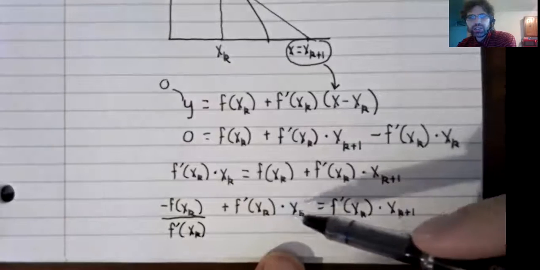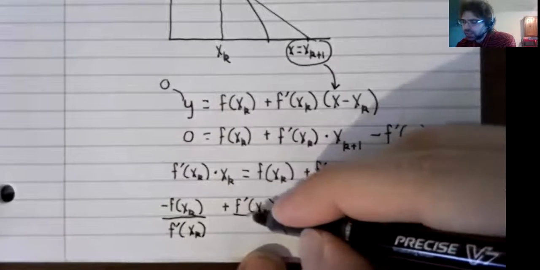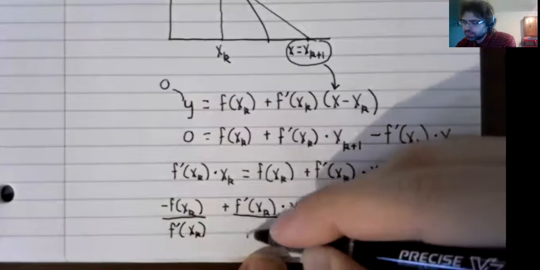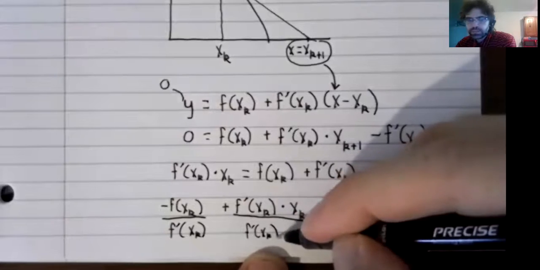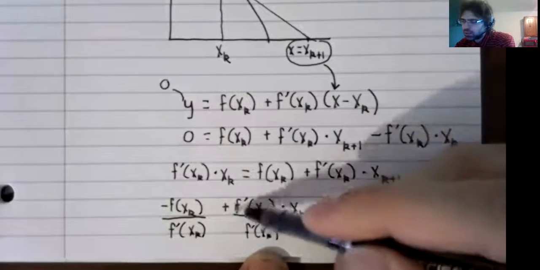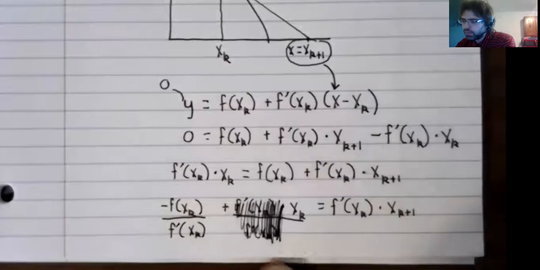When we divide this by f prime of x sub k, of course, these cancel.